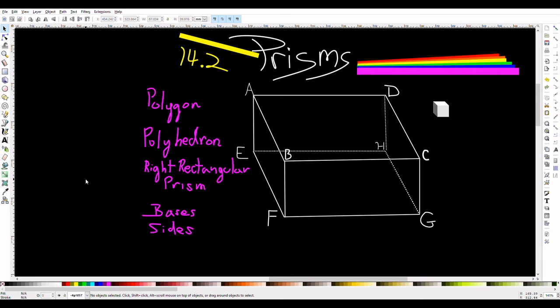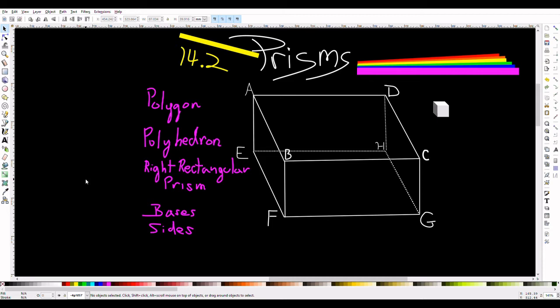A series of polygons arranged in three-dimensional space can make a polyhedron, which is any multi-faced, multi-sided object. A prism is two congruent parallel polygons, which are faces, and all the other faces of the shape are parallelograms.